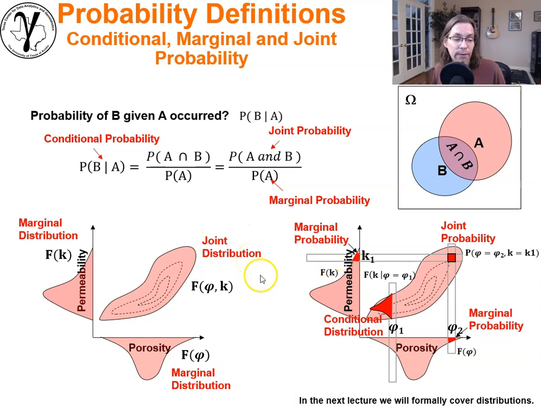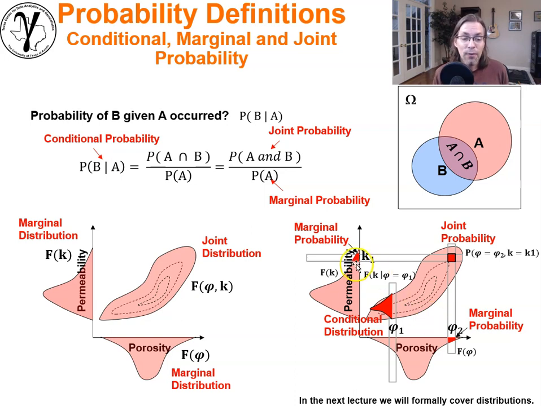Now what we could do moving forward from that is we could calculate probabilities from those distributions. I could pick an interval of porosity, and from that distribution I could calculate the number of outcomes that have that criteria, porosity in that range, and that's a marginal probability.